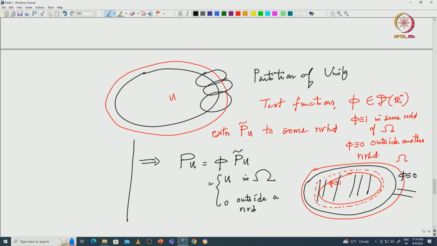The question you might ask is whether Pu, this extended function, retains the W1P spaces. Yes, under these smooth maps you have the change of variable. Maybe I will discuss a little bit about the change of variable.